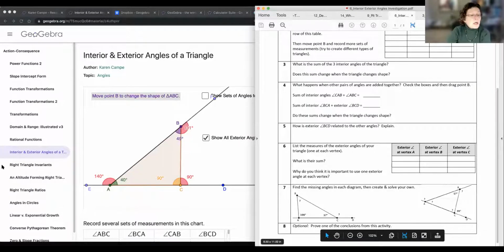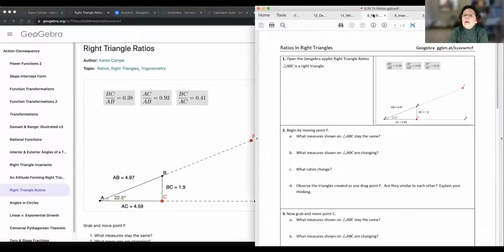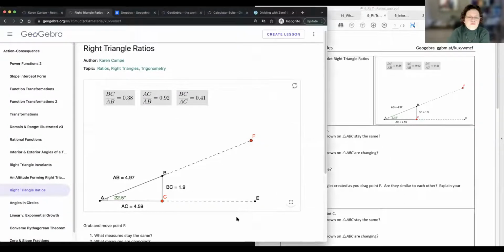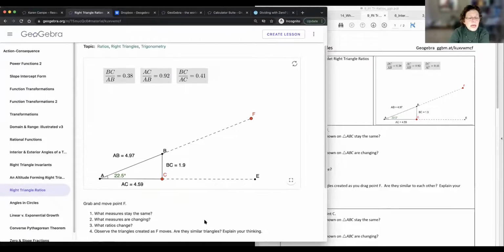Okay, moving along, my next one I want to share with you is right triangle ratios. And this is a pretty familiar idea of what we're doing with the ratios in a right triangle. But before we even name them as sine, cosine, and tangent, I want students to work with moving and observing.